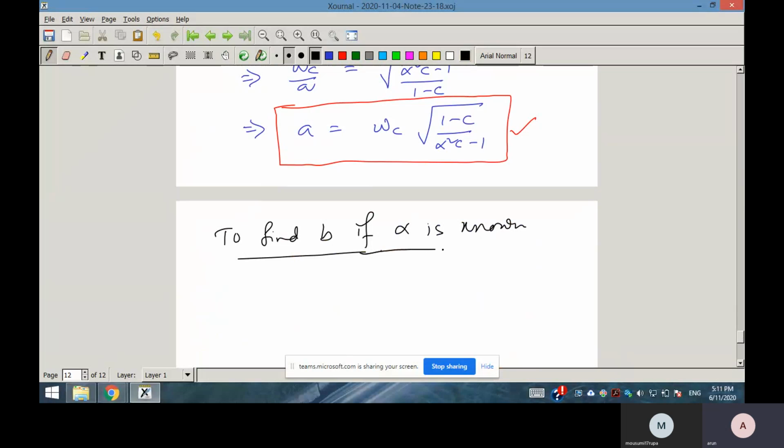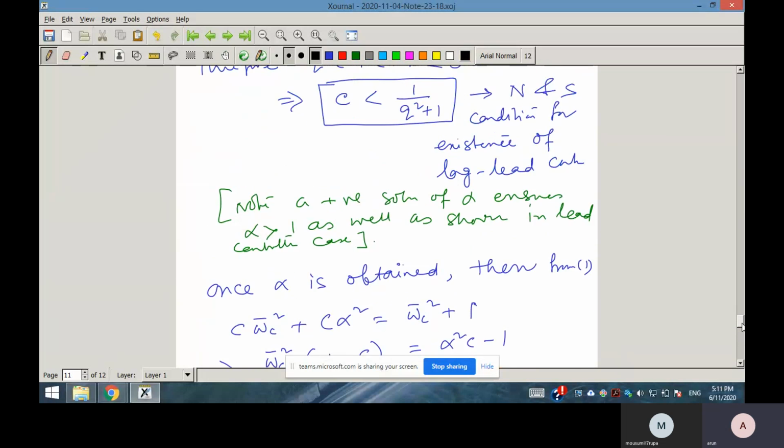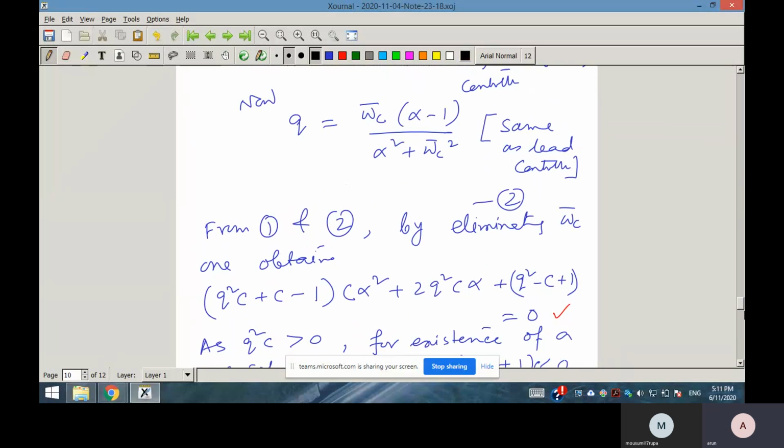Once alpha is known, now what is phi 2? Phi 2 is the phase lag provided by the lag part.